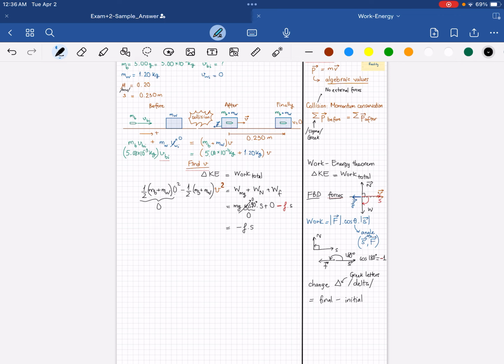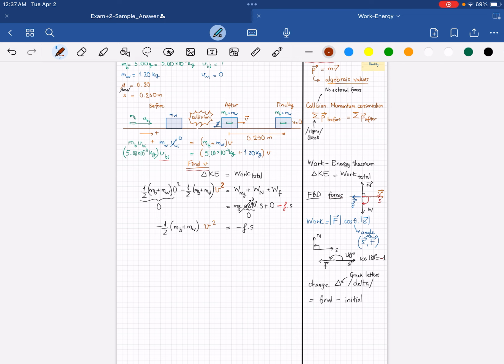And then on the left side, we just have 1/2 of the mass of the bullet plus the mass of the golden block times V squared. Seems that we know these values.